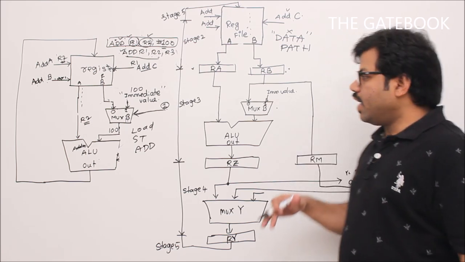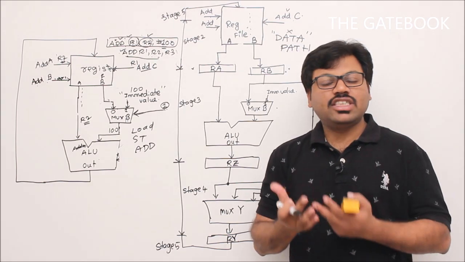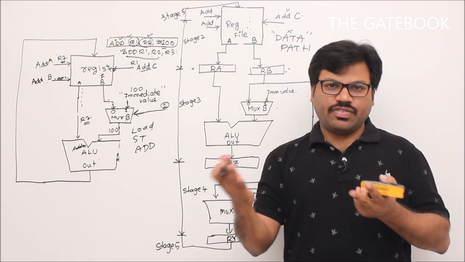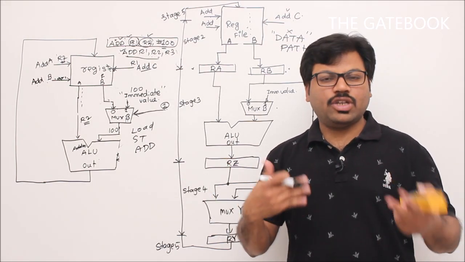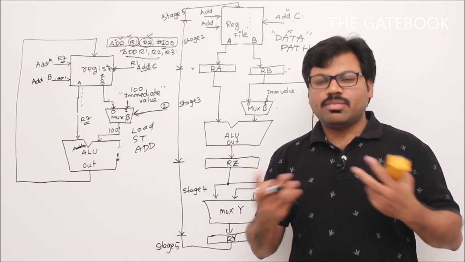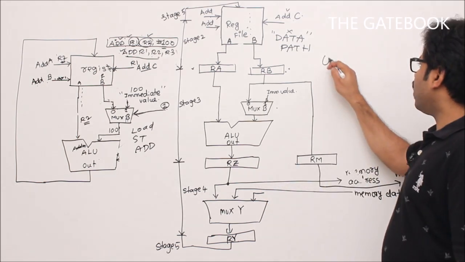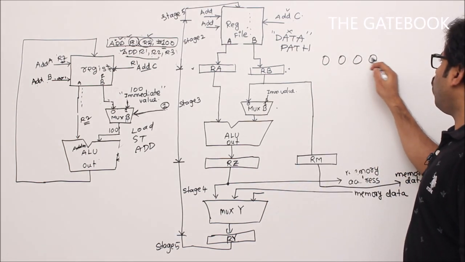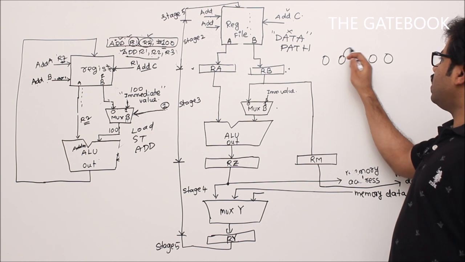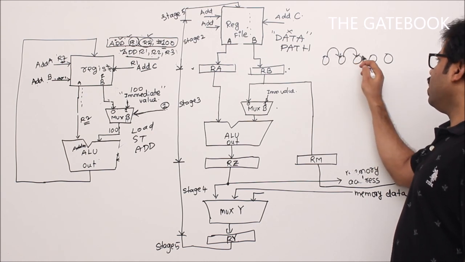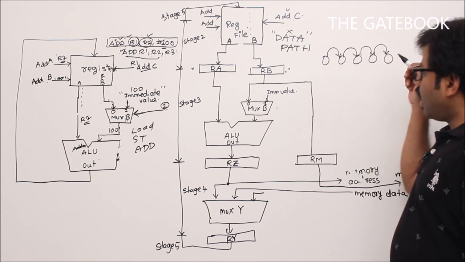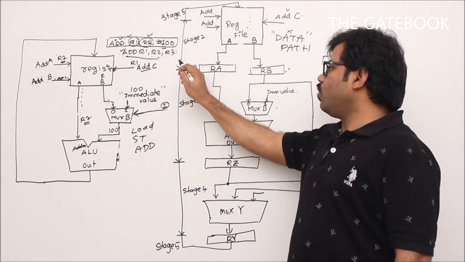For that, your machine should be designed in a staged way, so your instruction is executed in multiple stages. When you do the work in stages, sometimes you have to hold the data and pass it to the next stage. That's why these intermediate registers are going to help you.